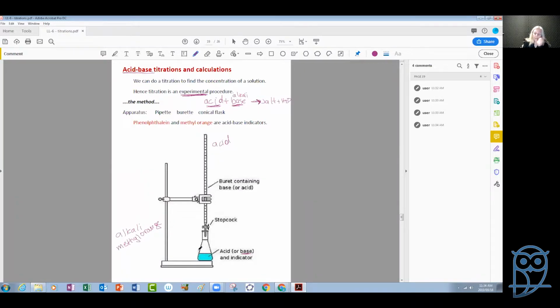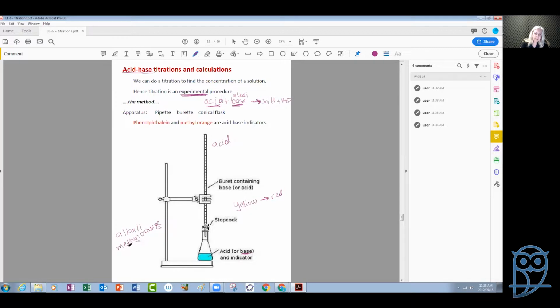And when we add enough acid to neutralize it, it will change color to red. So from yellow it will change to red. And then once we reach the point where it changes color to red, we know that it has been neutralized, and this is how we know.